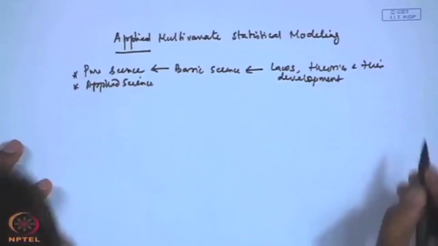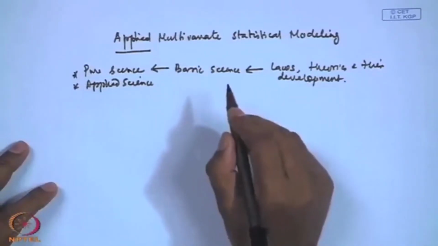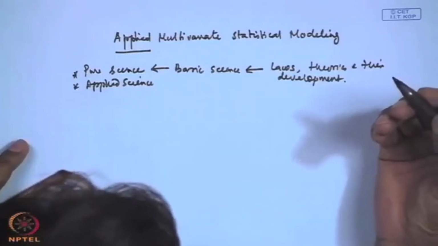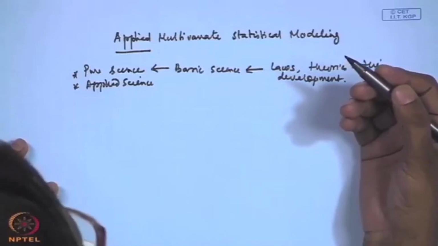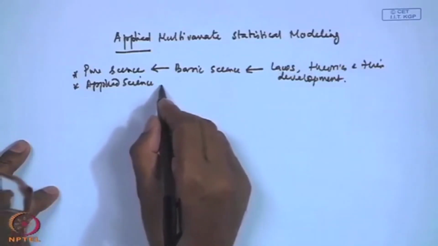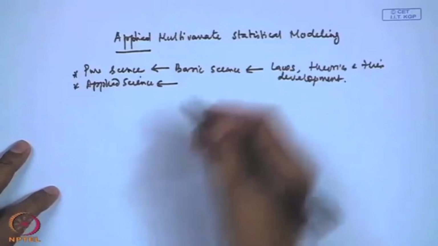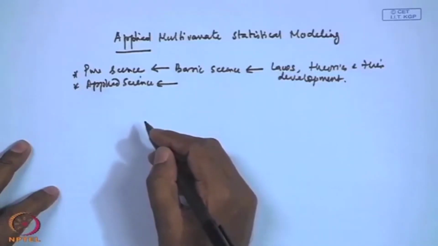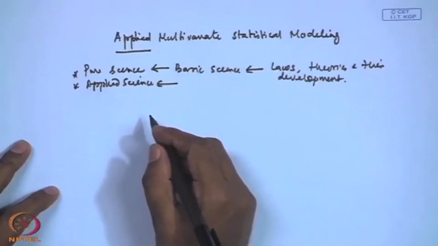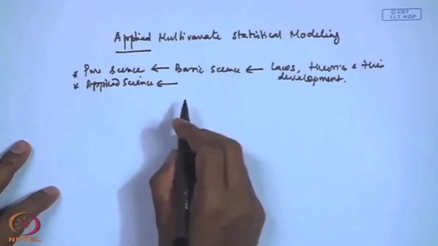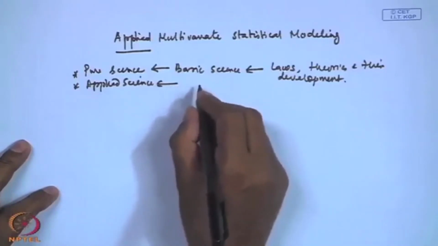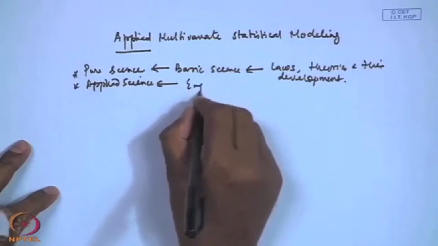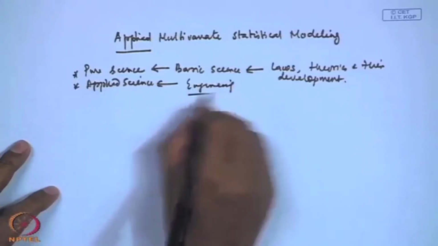Definitely it links with the phenomena which we usually observe in different aspects of our life. Now, applied science actually uses the knowledge of the pure science and develops something for the benefit of mankind. So, when you talk about engineering, it is basically applied.